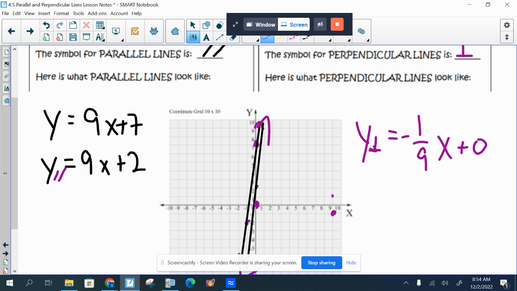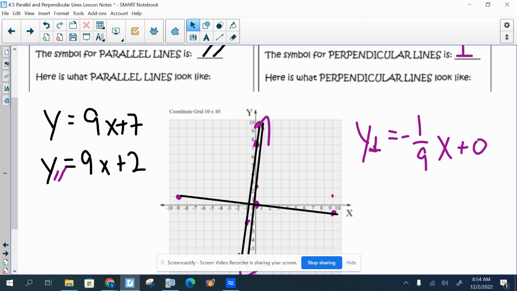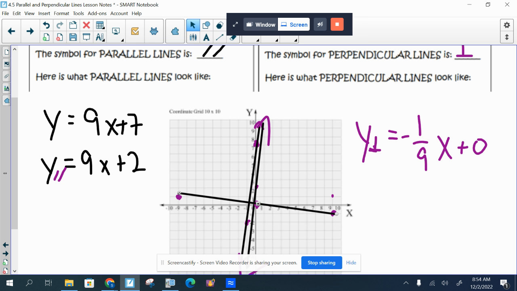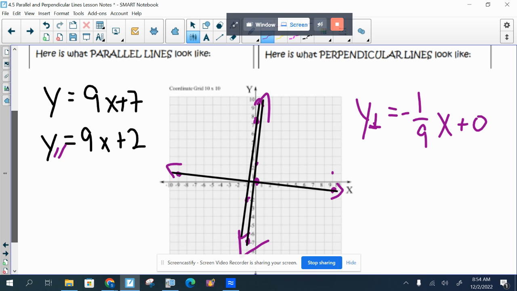And then we can also do up 1, left 9. So you can draw 3 dots for that one. So that's y perpendicular, y, and then y parallel.